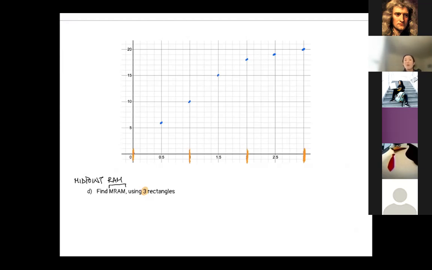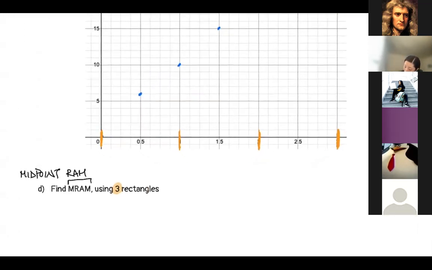Okay. So earlier for the LRAM and the RRAM, I said there's a sort of a general formula you could use to find the base length. So for the base, that formula we said was B minus A over N. And if we plug in our numbers here, we get B, which is 3, minus A, which is 0, over N, which is the number of rectangles.